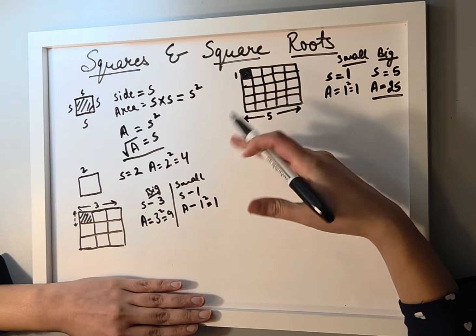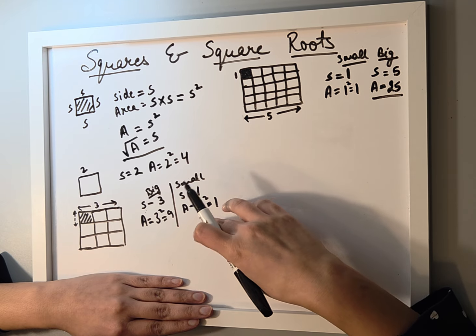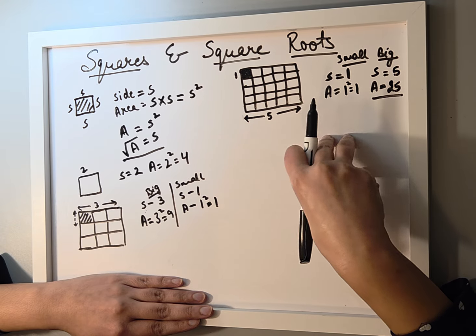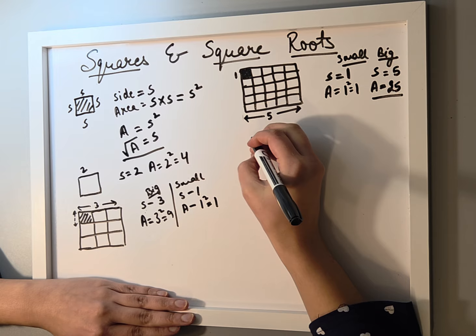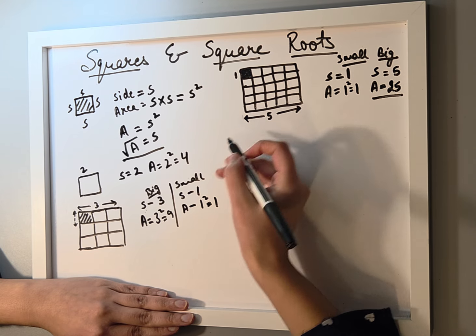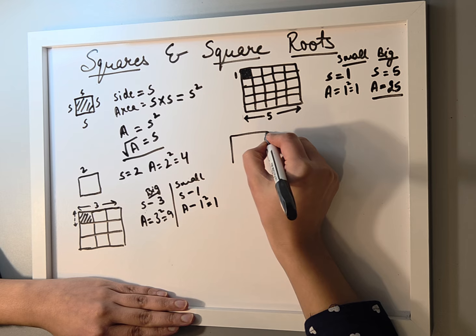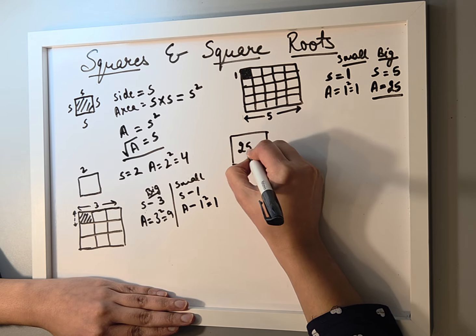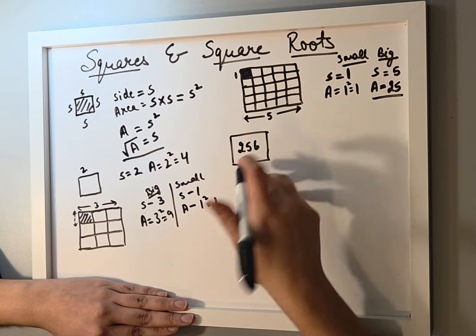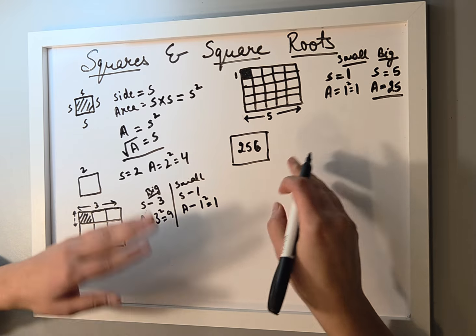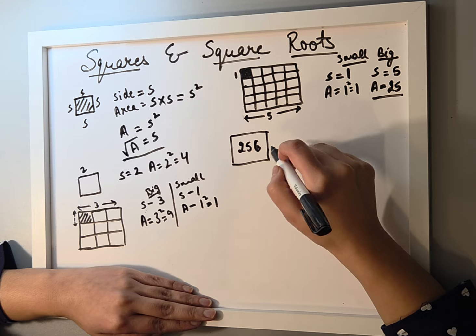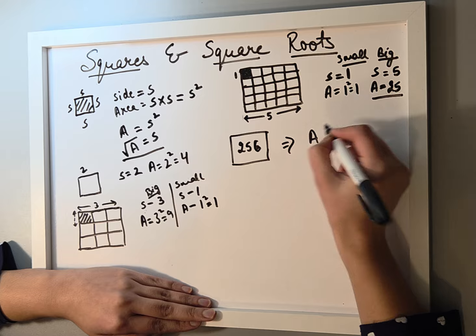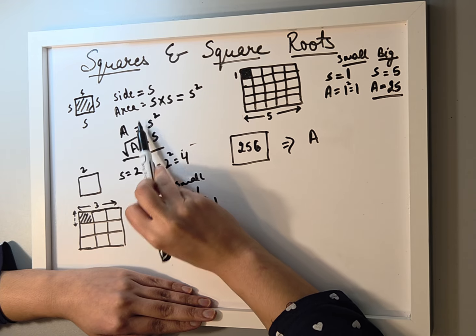So using squares, we also apply it in real life. And it can be the opposite case as well. We are given a square and its area. The area of this square is 256. We've learned that the square of the side is the area.